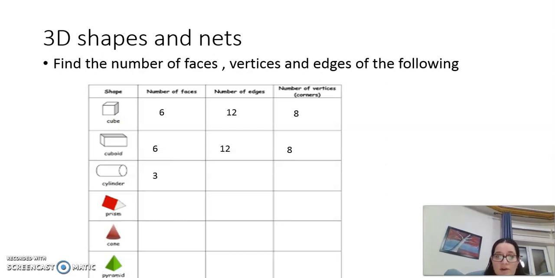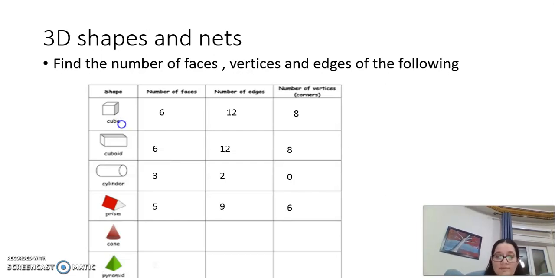The cylinder has 3 faces, 2 circles and 1 rectangle. The number of edges is only 2, and of course there are no vertices. About the triangular base pyramid, 3 plus 1 faces, 3 times 2 edges, and 3 plus 1 vertices.